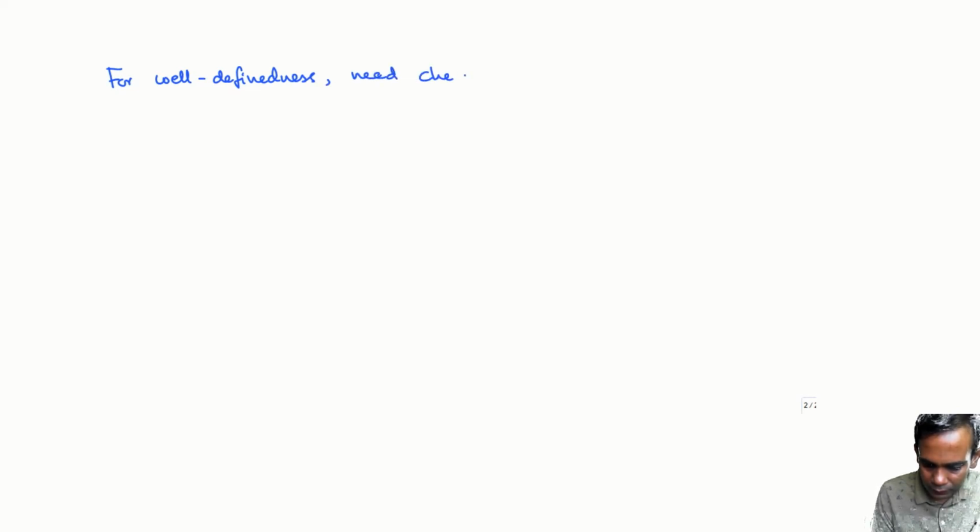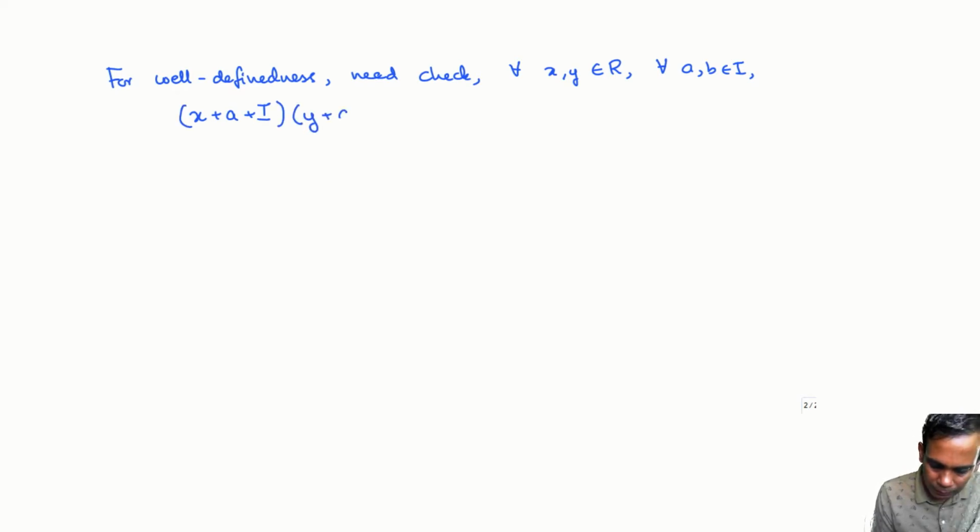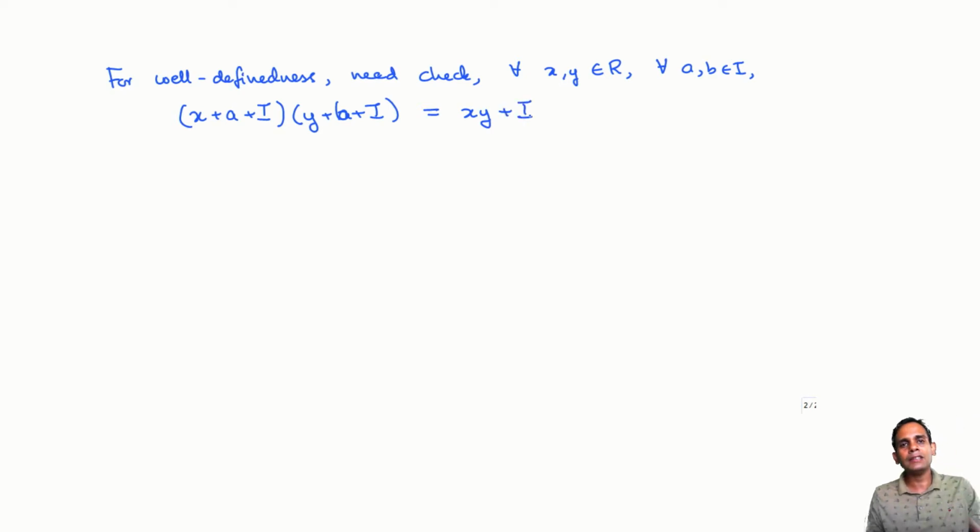In other words, for well-definedness, we need to check that for all x, y in R, for all a, b in I, we have x plus a plus I, so this is x modified by something in I, times y plus b plus I is equal to xy plus I. So the product does not change if we use different representatives of the same cosets.